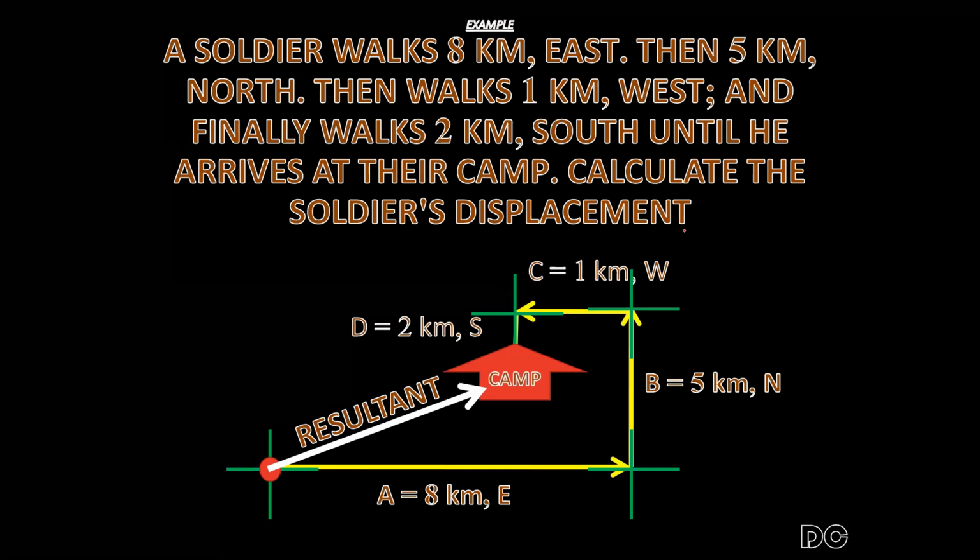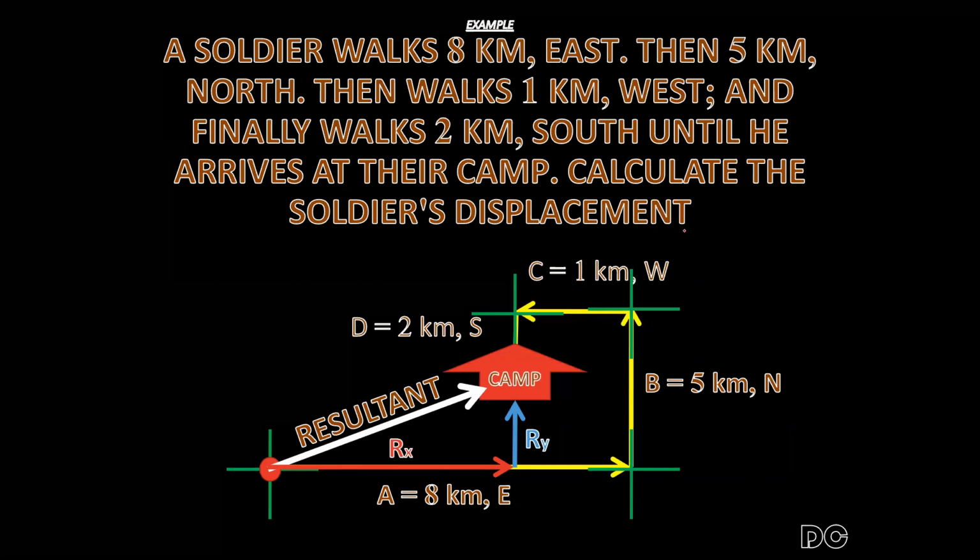Okay, first, in getting our resultant, we need to solve for its x component, or the resultant x component, and the resultant y component. So this is what we call the component method. In the component method, first we need to solve for its x component and the y component.